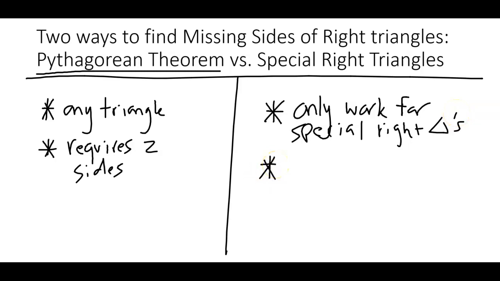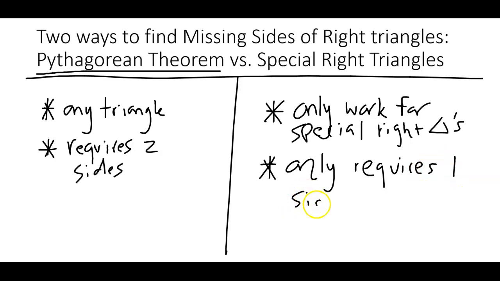But the cool thing is it only requires one side. So in other words, if I give you one of these special right triangles, you don't need to have two sides to find the third side. Matter of fact, you only need one side, and with that one side you can find the other two sides. So it can do a little bit more in that respect. And in some cases, it can actually even be a little bit faster, but that's not always the case, so I won't write that one down.